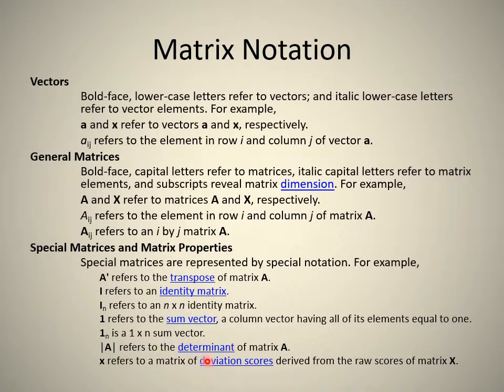The determinant of a matrix is written with the matrix in capital bold and with two parallel lines on the sides of that. And then x refers to a matrix of deviation scores derived from the raw scores of a matrix X. We haven't dealt with that, so that is also not important. You needn't memorize that as well.